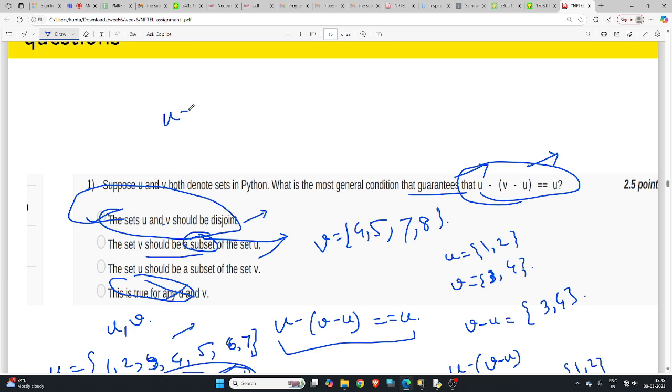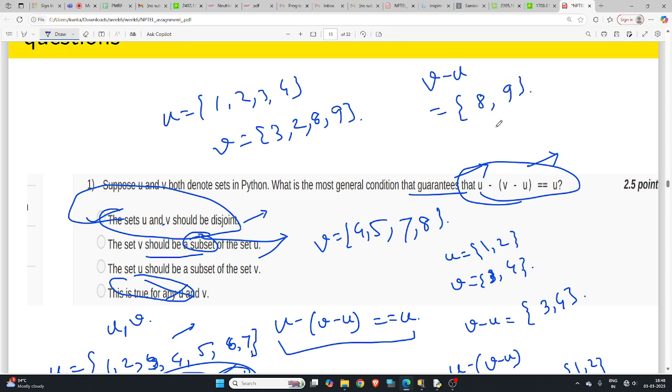Because if I have one example like U is 1, 2, 3, 4 and V is 3, 2, 8, 9, then V minus U means it will come as 8 and 9. But U minus (V minus U), all the elements of U which are not present in V minus U, that is also coming as U. Let me see.